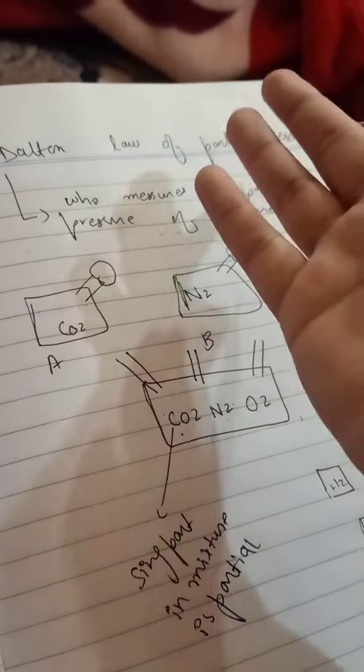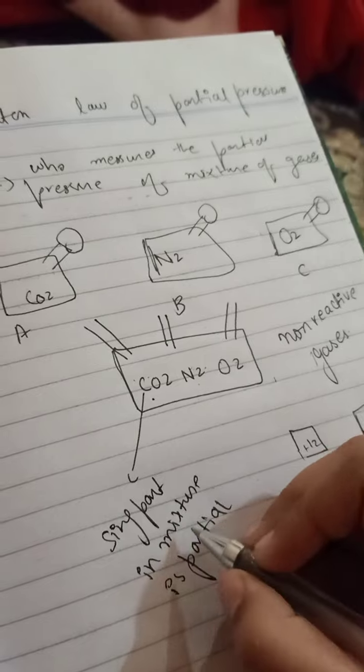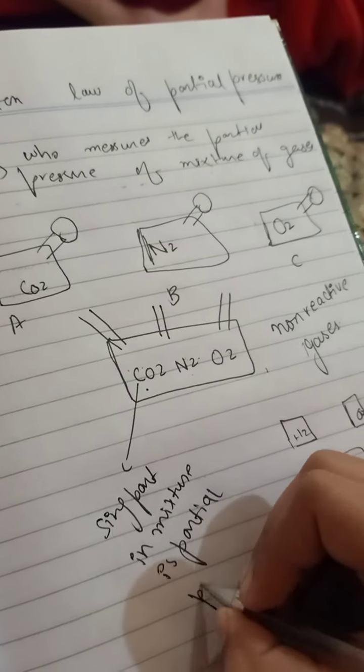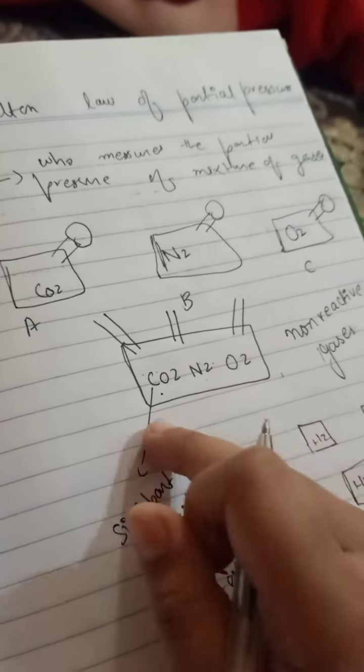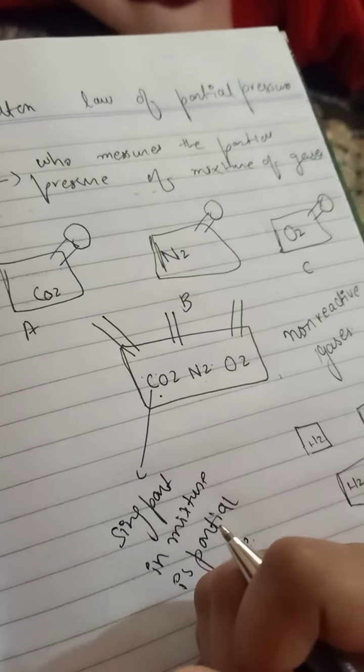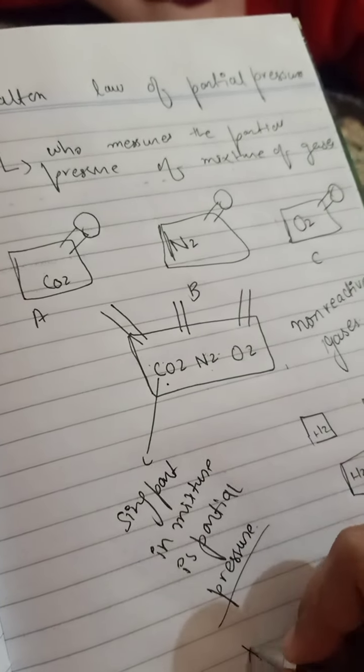That is called the partial pressure. They cannot react with each other because they are non-reactive gases, so we can find the partial pressure as well as the total pressure.